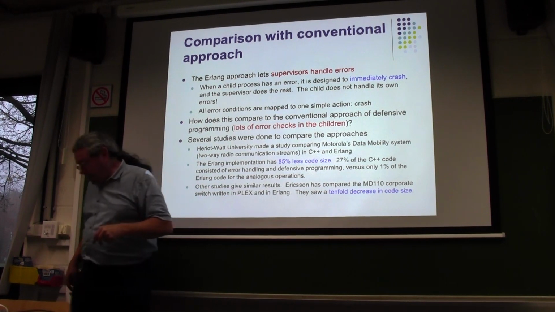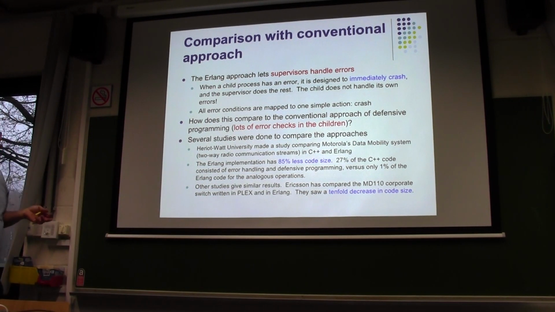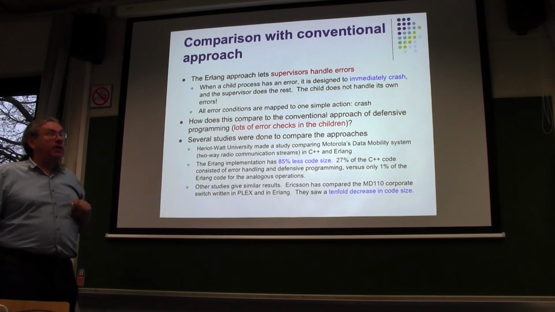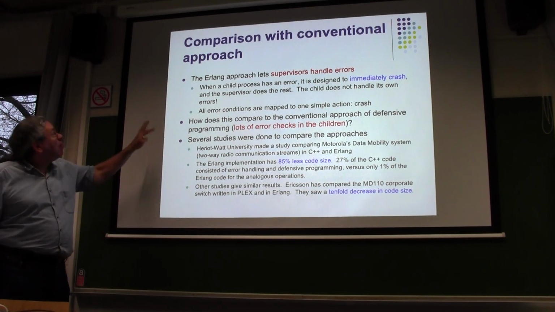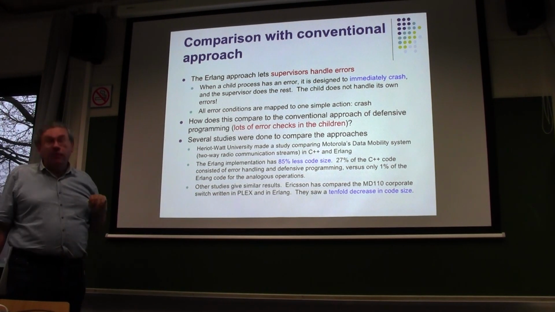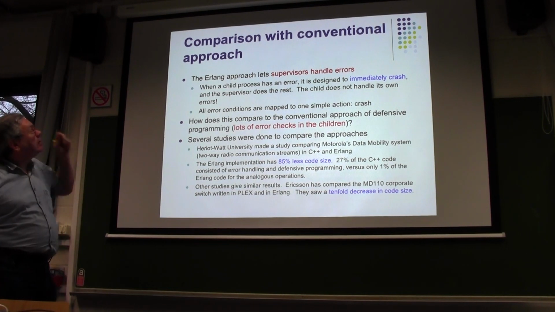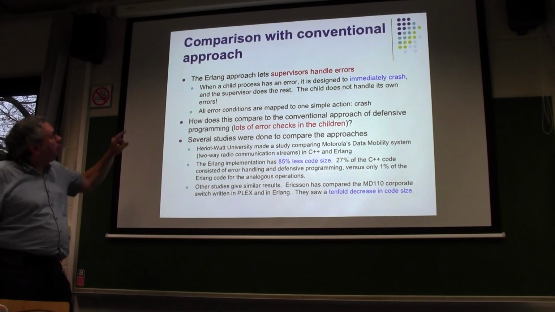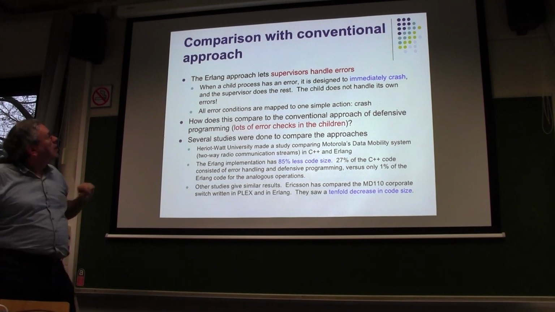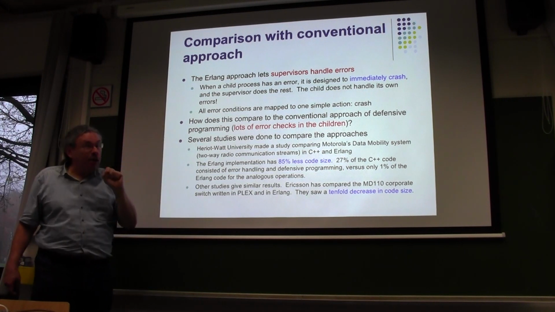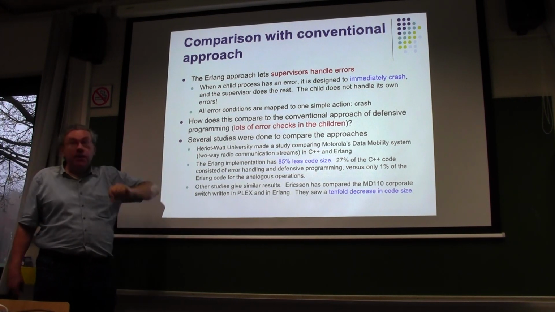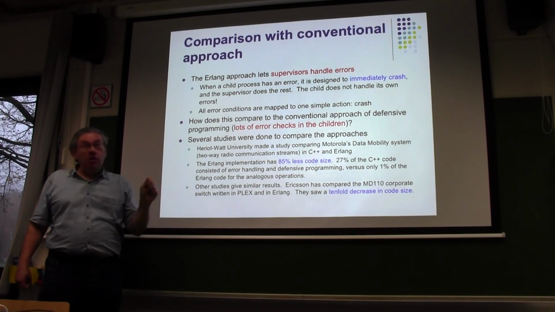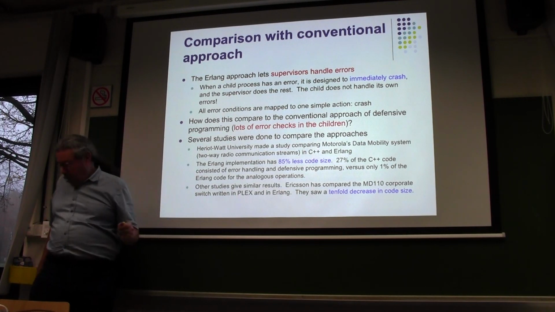Now let's take a step back and compare this. Later I'll talk about industrial use of Erlang, but right now let's just think about it a little bit. So supervisors handle the errors. When a child process has an error, it is designed to immediately crash. It does not try to fix the problem.